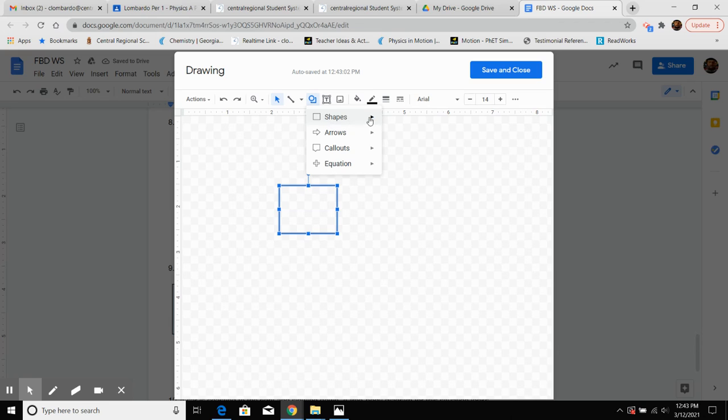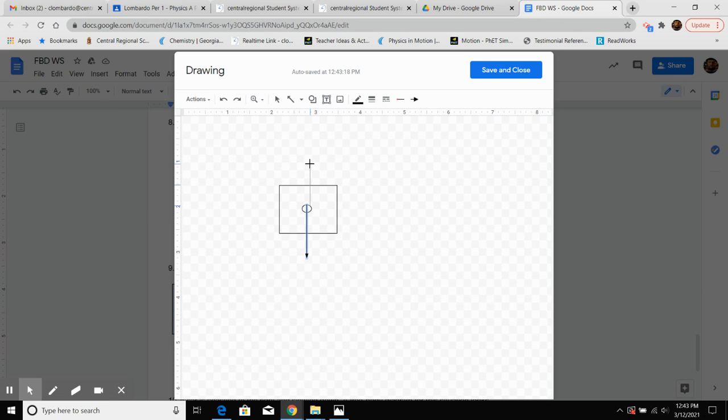Transparent. Give me my circle quickly. Instead of line, I want arrow. Okay, so from the center, gravitational force going down. Now, notice that they were talking about acceleration in the rightward direction. So that means there is no acceleration in the y direction, so that's the up and down.